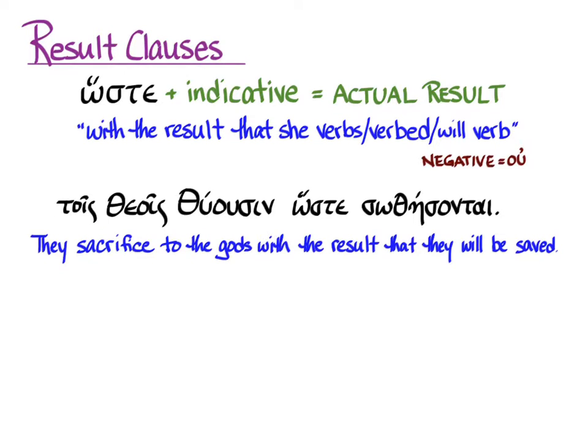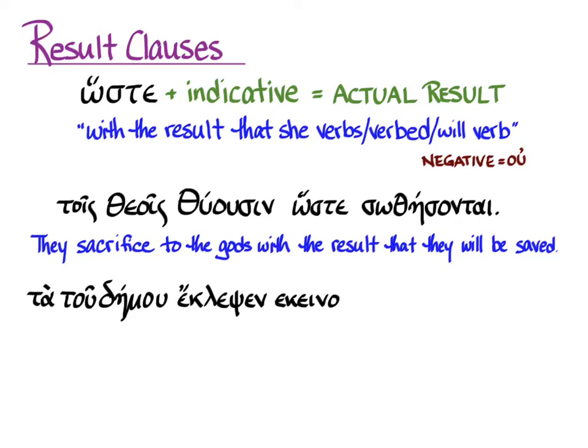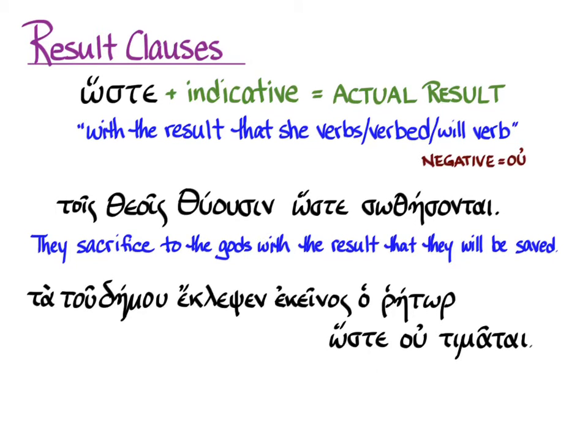Again, clunky English. Colloquial English probably would say, they sacrifice to the gods so that they will be saved. But I'm going to continue to show you the translations and the defaults that are in Hansen and Quinn so that you have an easier time connecting these videos to the book. Here's another example. Ta tou dēmou eklepsen ekeinos ho rhētōr hōste ou timatai.